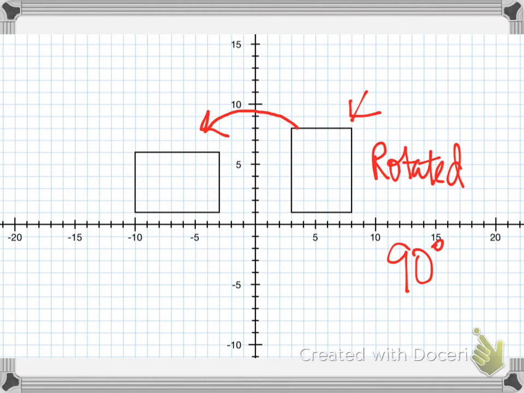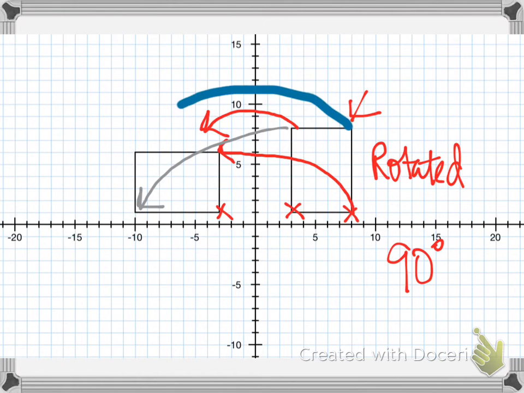See how this point is that point, and that point got moved there. That would have given you this going here, and finally this point went there.